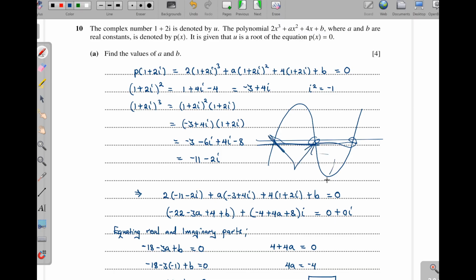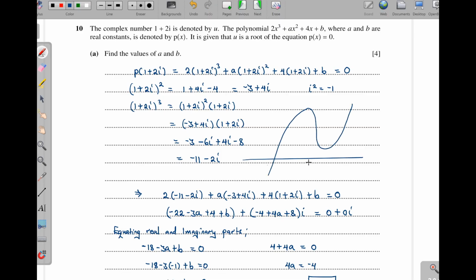So where this one is meeting the x-axis, it is at those 3 points. Now, since this one here is complex, and then also its complex conjugate is a root, that means these two are up there, so they don't meet the x-axis. So this one has to be cutting the x-axis at only one point.